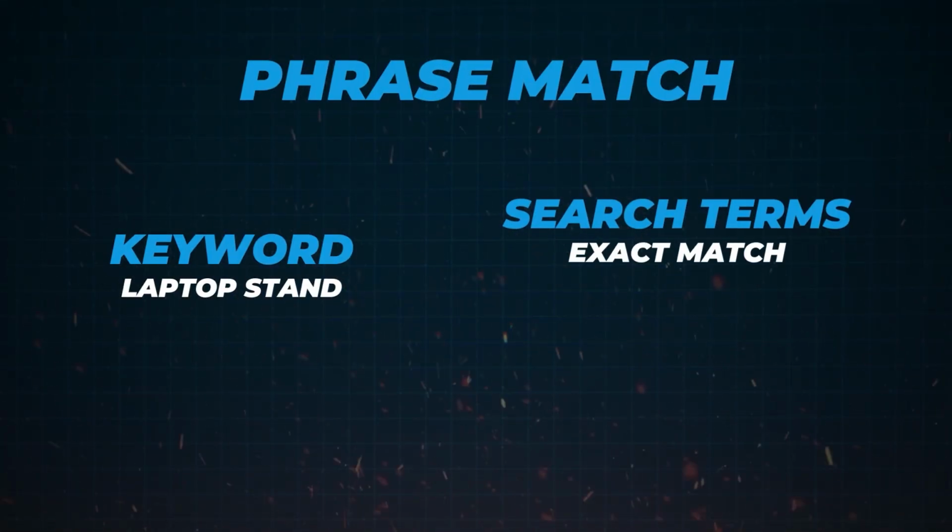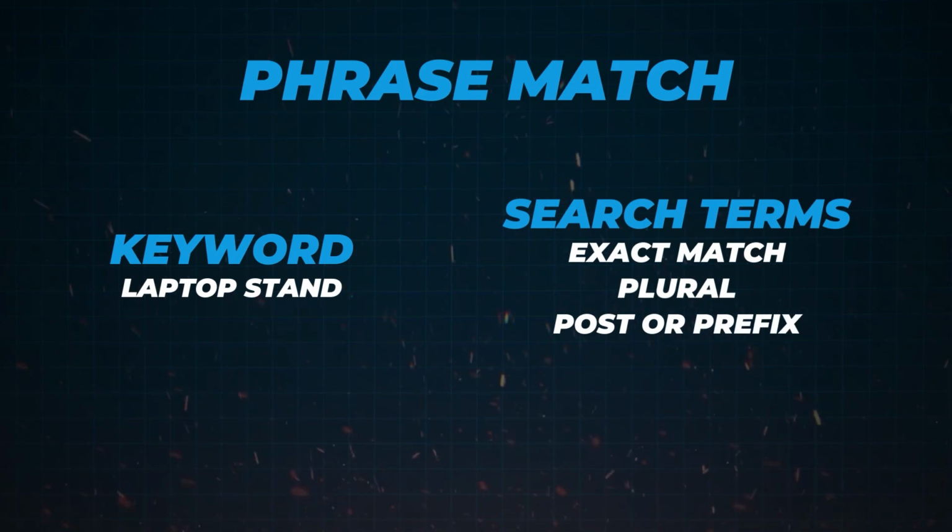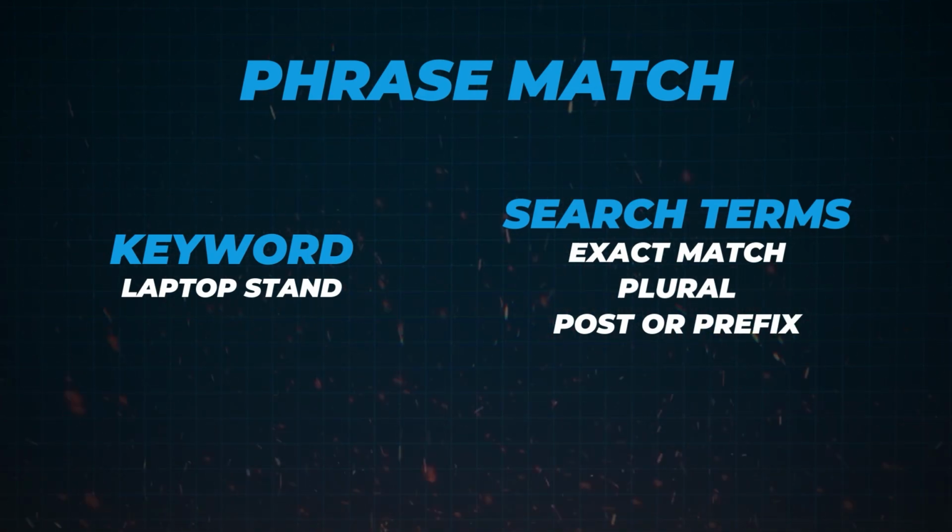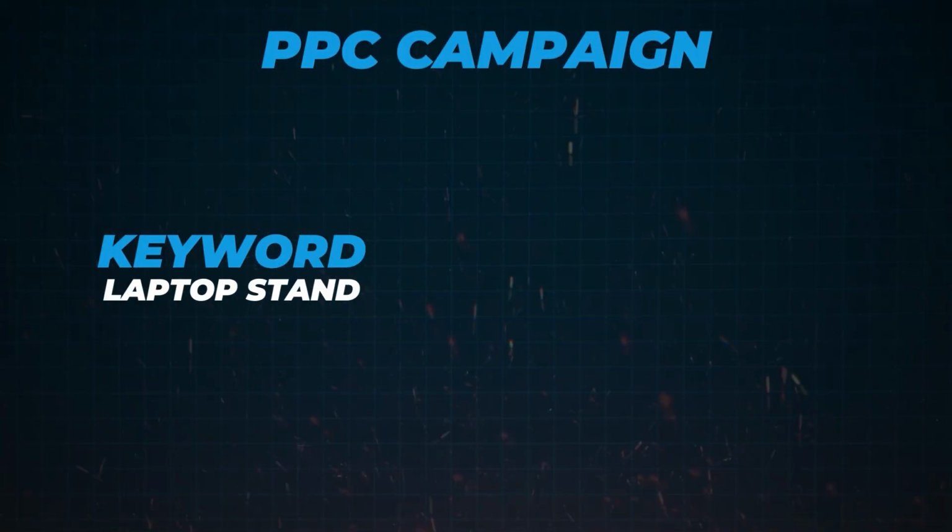Okay, now let's talk about phrase match. So with a phrase match keyword, the campaign can only target search terms that are either an exact match, a plural, or have a post or prefix, but the actual keyword phrase must be maintained. You can't actually break the words up. So in practice, this would look like this, right? So let's say that you targeted the keyword laptop stand again, but this time in phrase match.